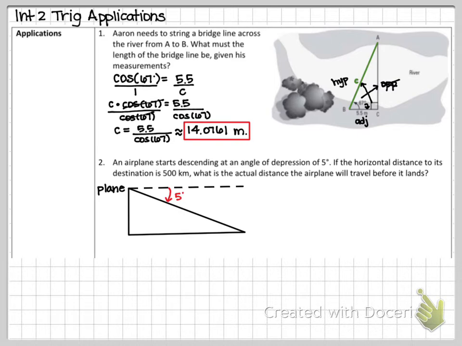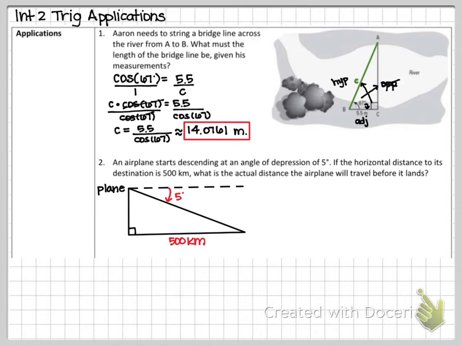So its horizontal is 500 kilometers. I want to think that straight down, remember a height is always going to be perpendicular to the base. What is the actual distance the plane will travel before it lands?